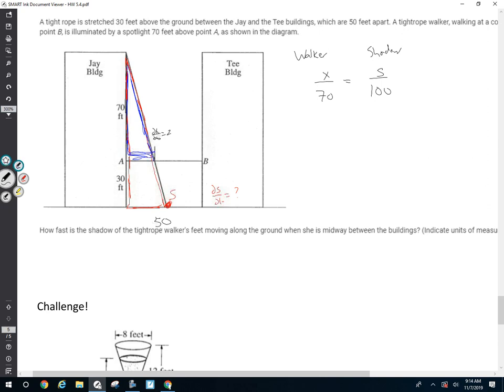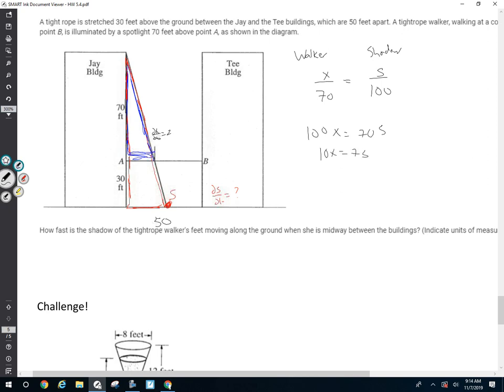And I think that's all I need. I was thinking, do I need this in terms of x and s? But it's the point of the shadow, how it's moving along the ground, rather than the distance. It's how fast is the shadow of the tightrope walker's feet, so that's dS/dt. So 100x equals 70s, 10x equals 7s.